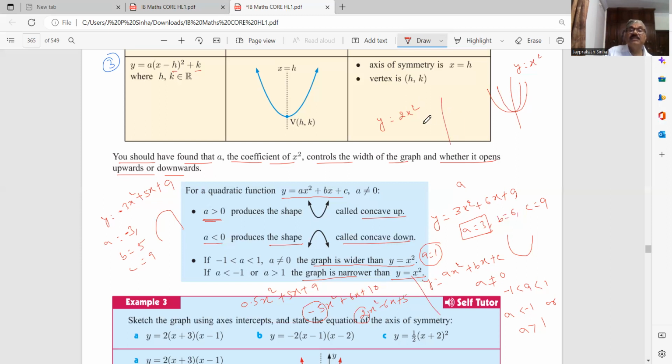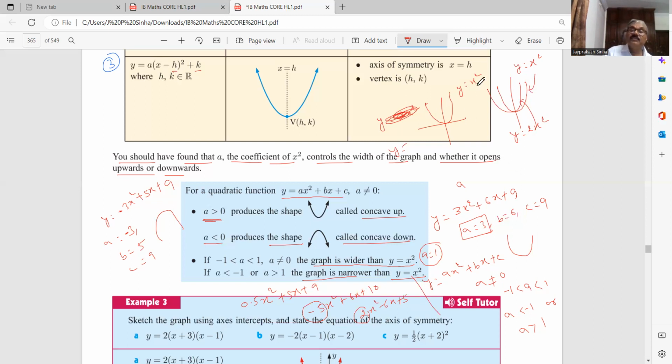But if this is your graph for y is equal to x square, and here this is for y is equal to 2x square, and this is for y is equal to x square.